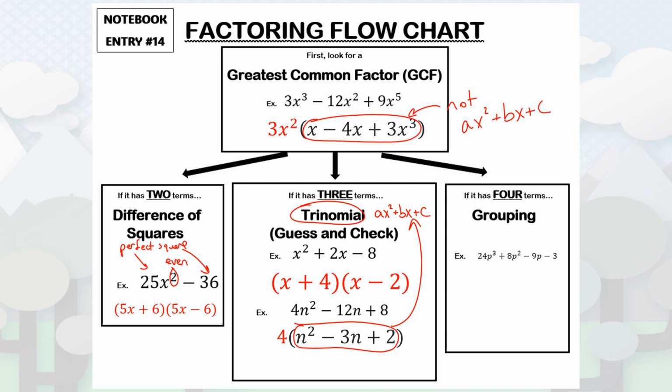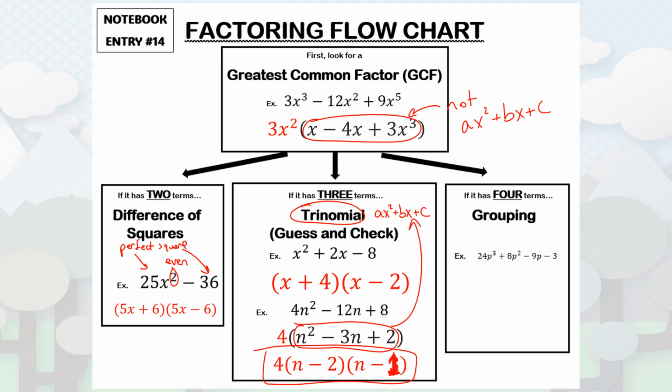So I would then go ahead and factor that one more time, and I would get n minus 2 and not n minus 3. Sorry, that should be an n minus 1. So n minus 2 and n minus 1 are those two binomials. So this would be the final answer.